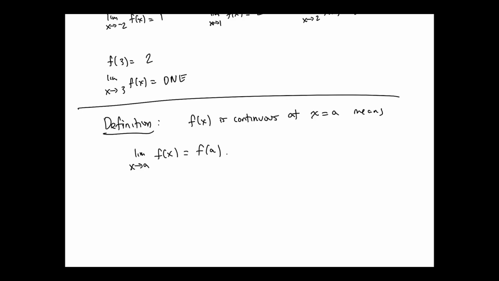Okay, so there's one thing I want to point out here about this definition. How many points has this just defined continuity for? If a function passes this definition, it can pass it at a single point only, right? Whatever A is, the thing that x is approaching.